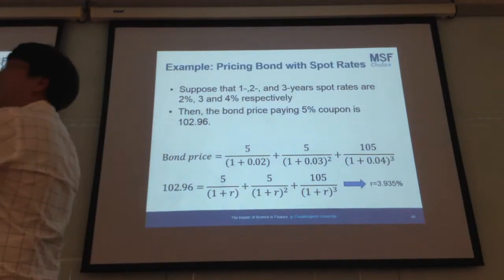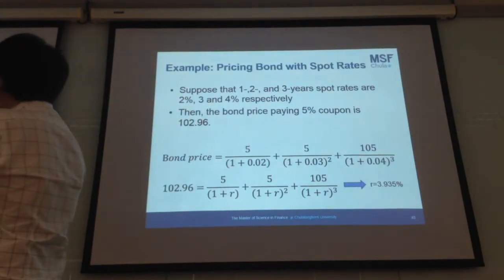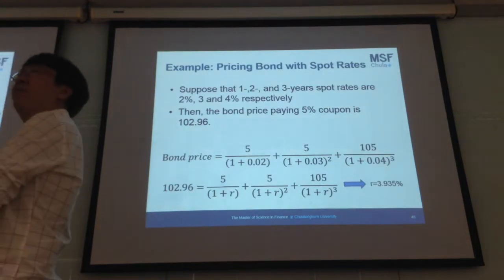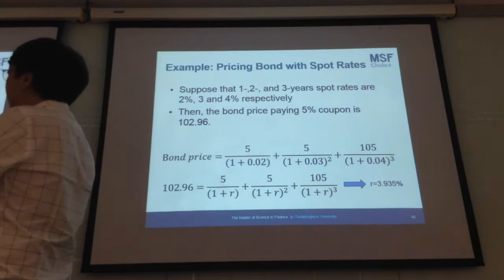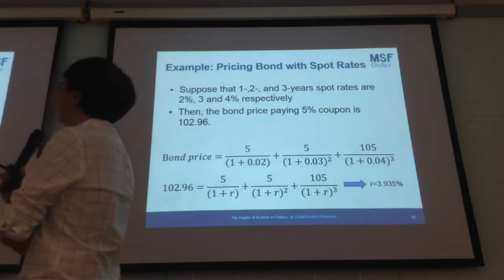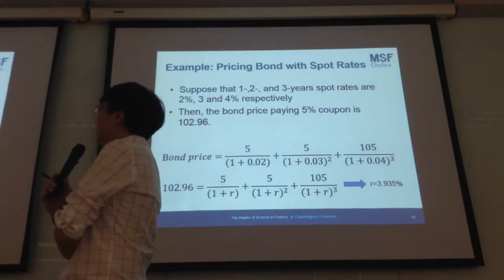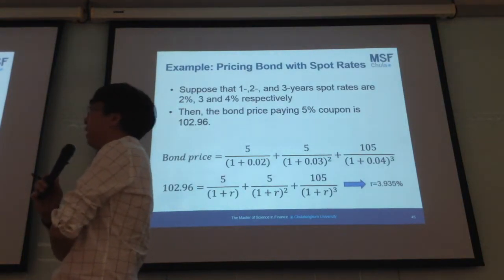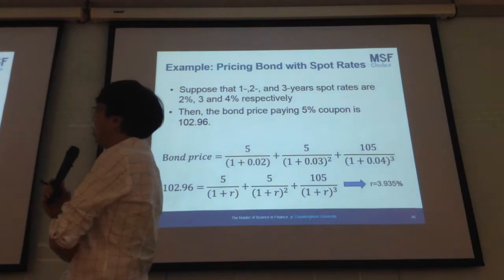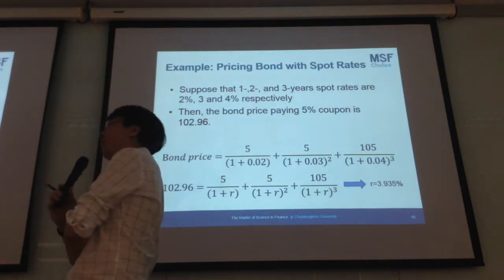Suppose this is a 3-year bond. The bond pays a coupon of 5 baht every year. Suppose that we can obtain the spot rates for 1 year, 2 years, and 3 years equal to 2, 3, and 4%.